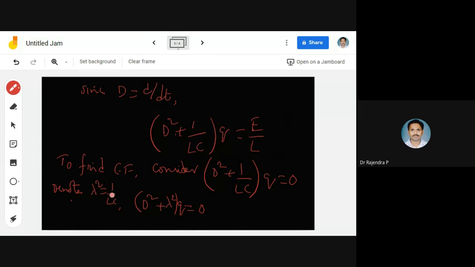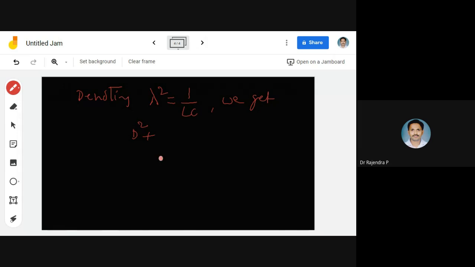Instead of taking 1 by LC throughout the problem, it will be difficult while going further. So that is the reason we are introducing it. So don't think otherwise. So d square plus lambda square, of course, the roots will also be complex roots, which is equal to 0.